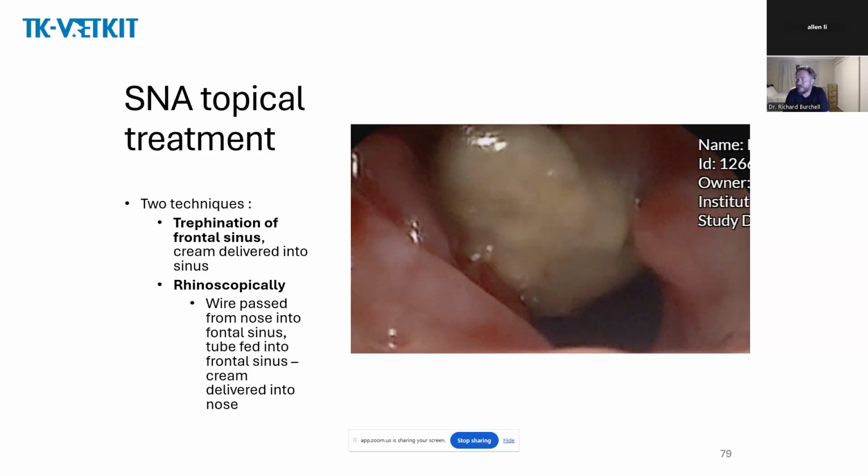One is to put a hole in the frontal sinus and instill the cream that way. The other is to use a scope to pass a guide wire up into the frontal sinus, and then feed a feeding tube into the frontal sinus, and deliver the cream that way. I'll show you some images of that later if it's hard to understand from my description.